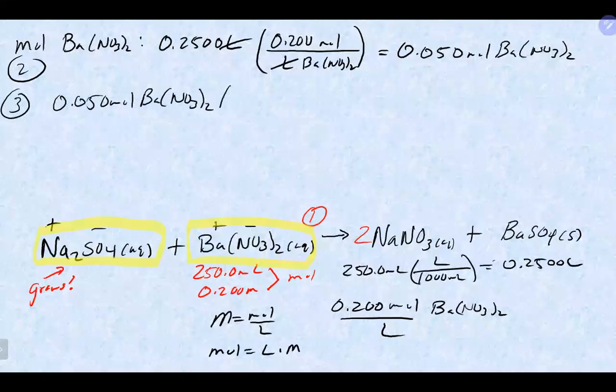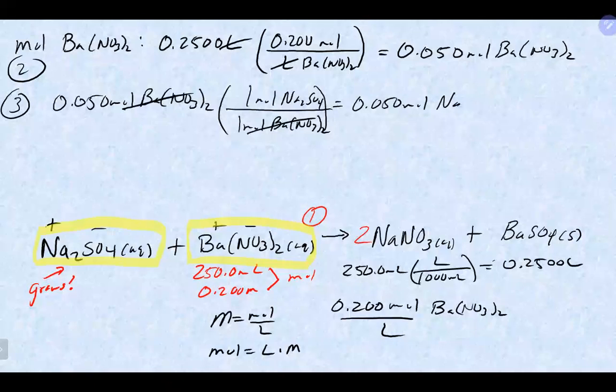We're going to get rid of the barium nitrate because we don't want that. 1 mole of barium nitrate would give me 1 mole of sodium sulfate. The moles of barium nitrate cancel. 0.05 moles of sodium sulfate here.